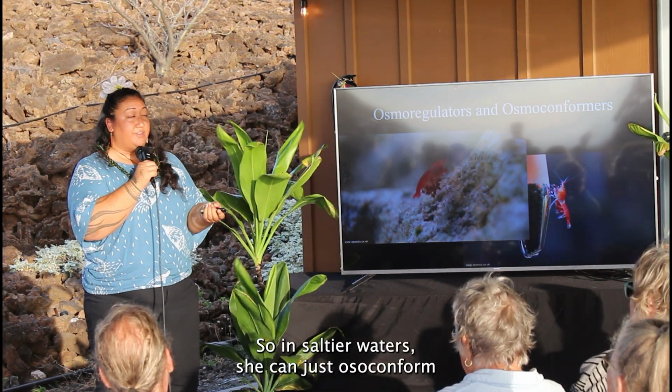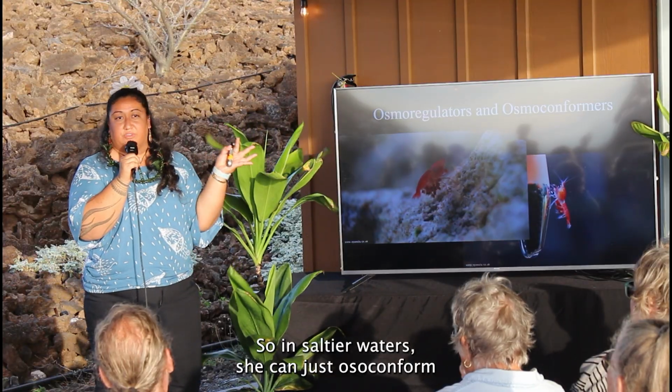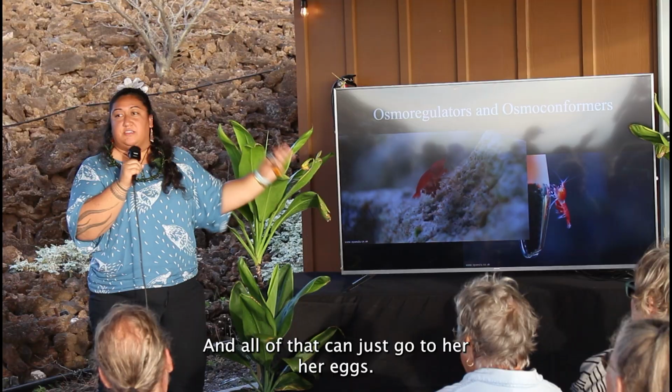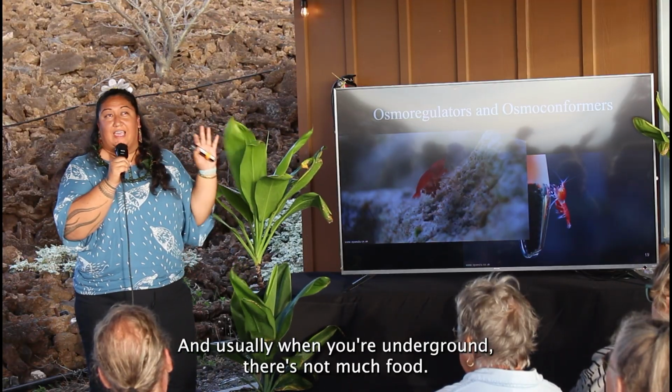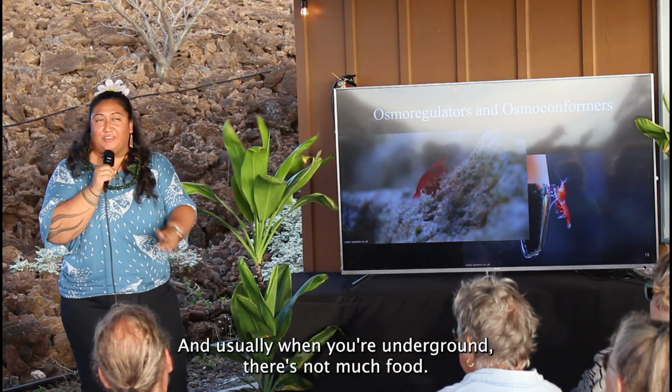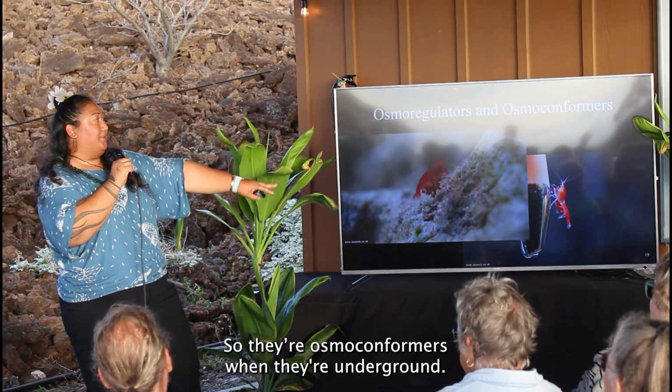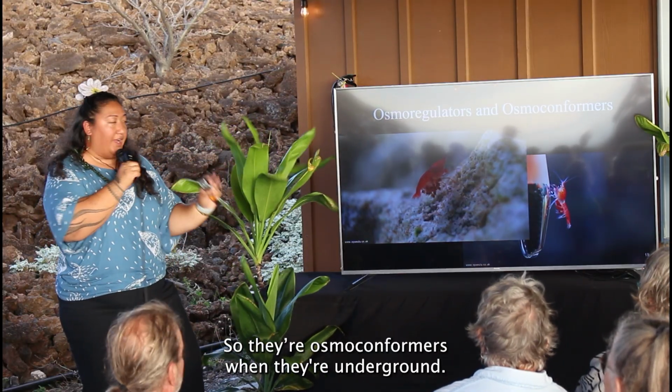So in saltier waters, she can just osmoconform and not have to use up that energy, and all of that can just go to her eggs. And usually when you're underground, there's not much food, so the less energy you use, the better. So they're osmoconformers when they're underground.